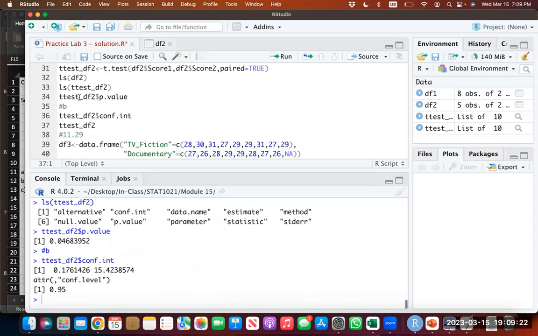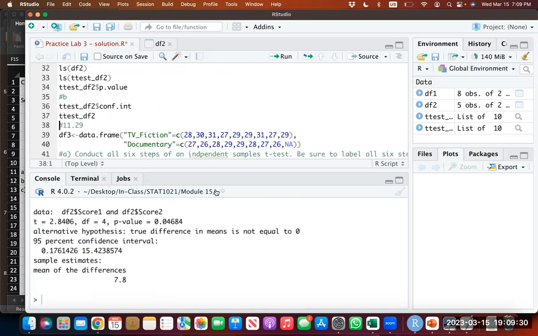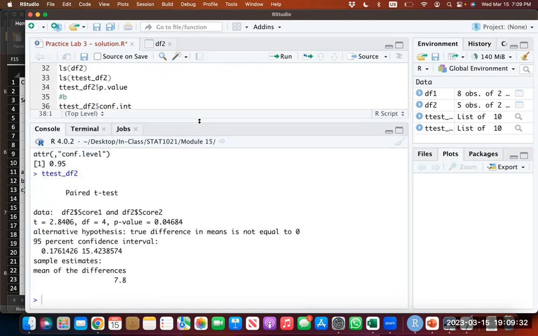We can again extract the confidence intervals, which are the same that we calculated in Excel. And then we can look again at the object of the t-test. Now the t is 2.84, just like we calculated. It's larger than the critical t of 2.78. With degrees of freedom of 4, we have a p-value of 0.047.